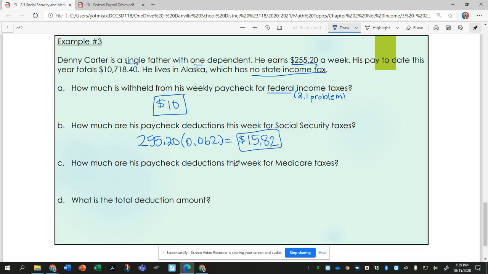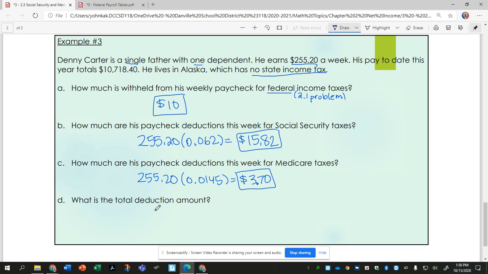How much are his paycheck deductions this week for Medicare taxes? Take his weekly paycheck, $255.20, and multiply by 1.45%. That gives $3.70. So Denny is having $3.70 taken out of his paycheck to pay for Medicare or health insurance in the future.